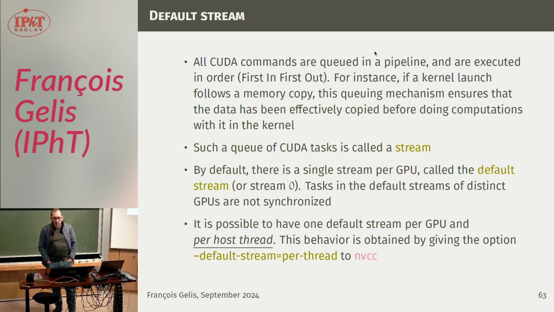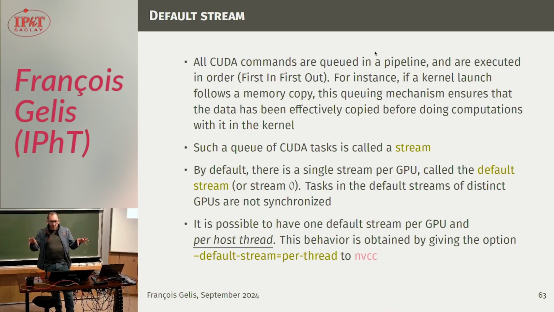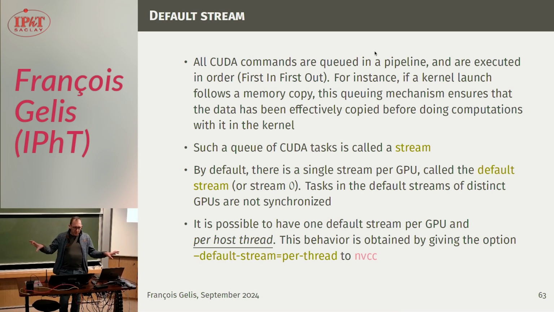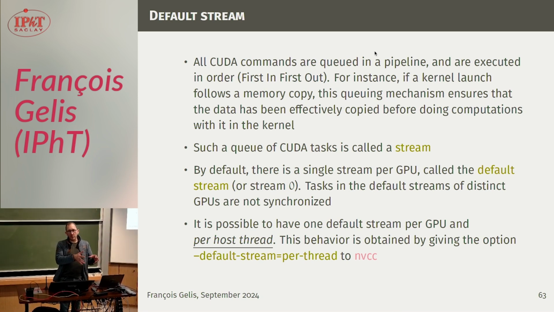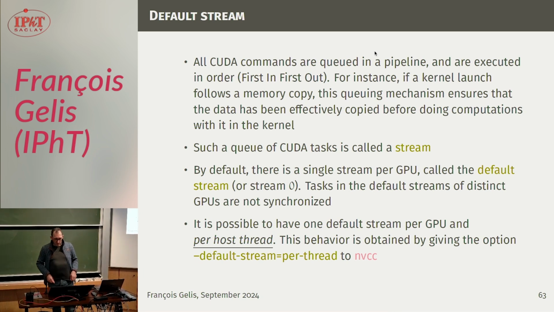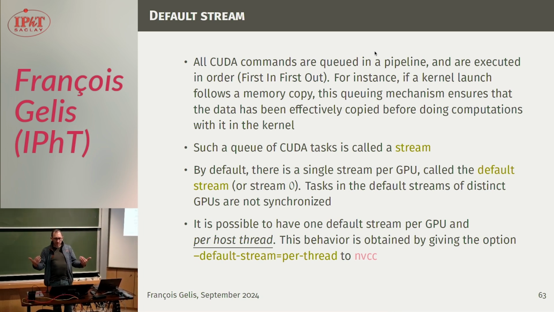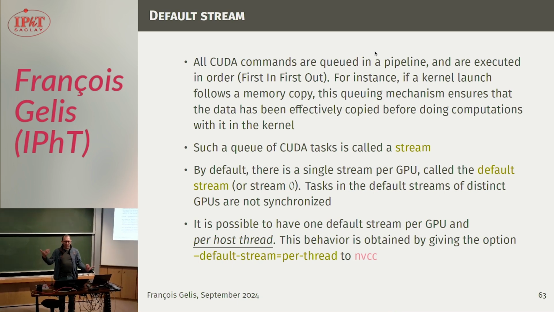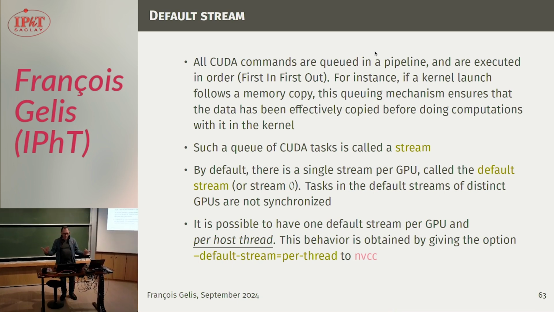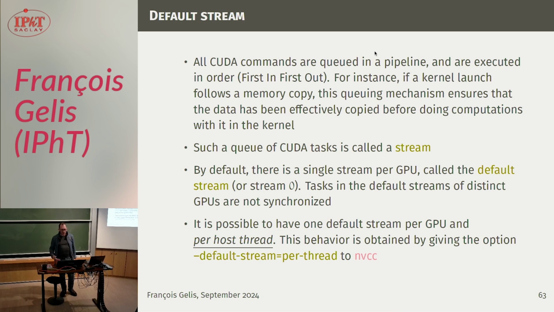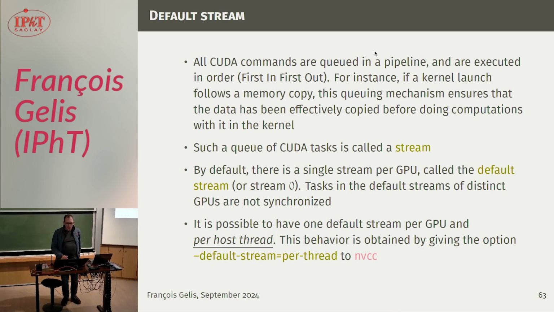in the default stream. Now, if you have a computer with more than one GPU, each GPU has its own default stream, so it means that there is no synchronization between the tasks you submit to the first GPU and the tasks you submit to the second GPU. So if you need this kind of synchronization, you better be careful.